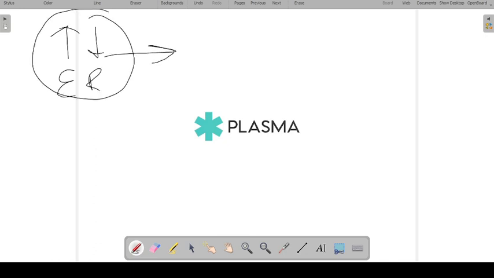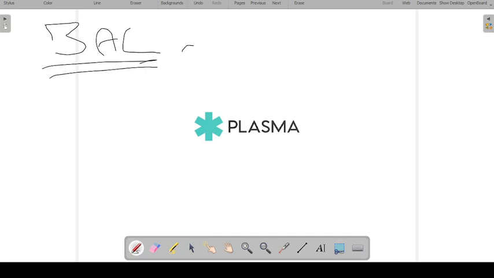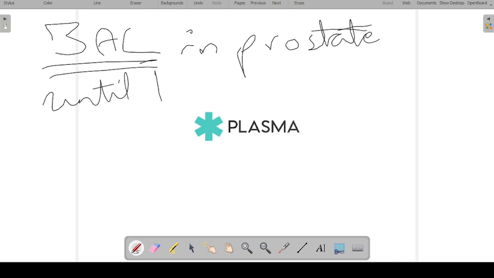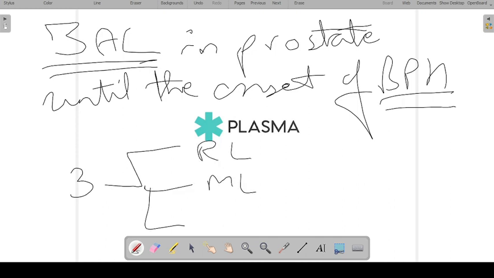So we consider that there are three anatomical lobes in the prostate until the onset of BPH, benign prostatic hyperplasia or hypertrophy. In normal human beings, there are only three anatomical lobes until the onset of BPH: the right lobe, middle lobe, and left lobe.